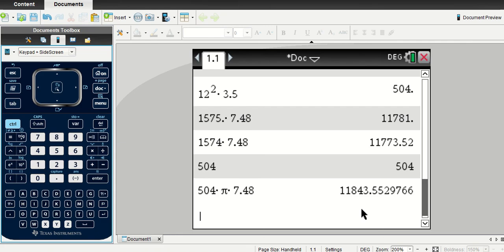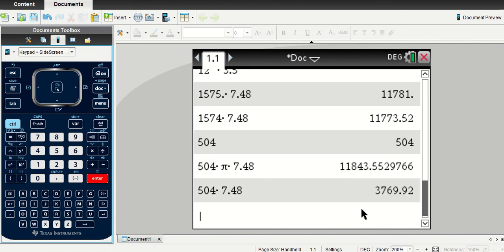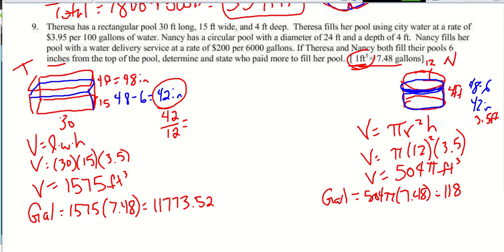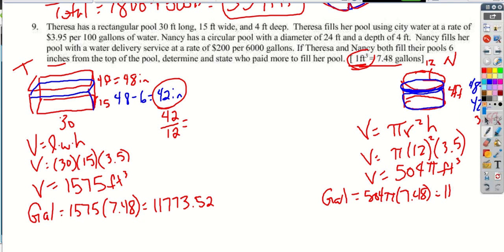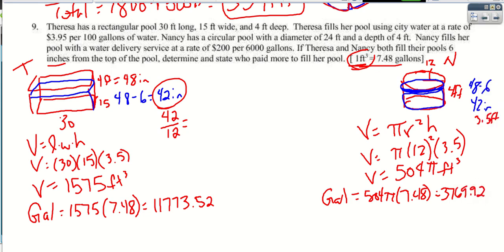Now what we also could do is leave this in terms of pi, right? Go back up here, and if you don't want to round, get rid of the pi. You get that number, 3,769.92 pi. Well, let's do that. 3,769.92 pi gallons. And then, right, there's a number of gallons.